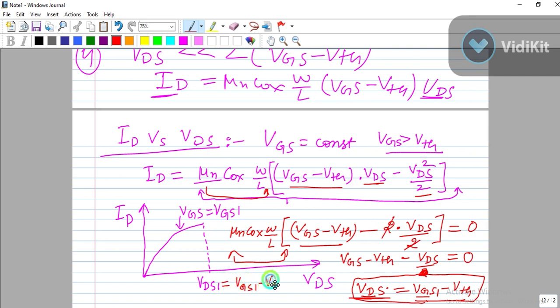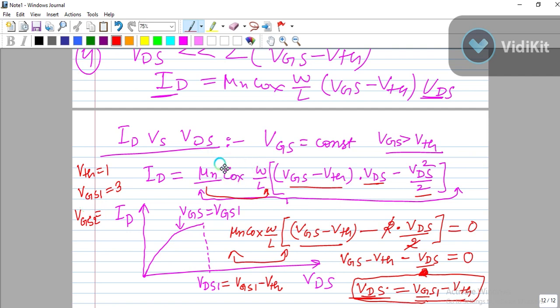So VDS equals VGS1 minus VTH. Let's consider VTH equal to 1 and VGS1 equal to 3. Now I consider VGS2, which is less than VGS1.